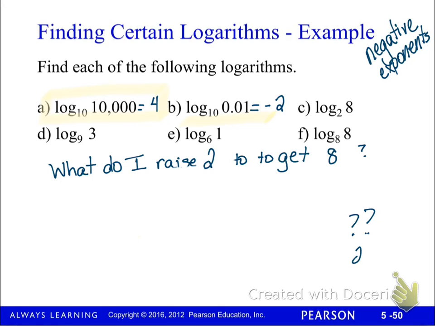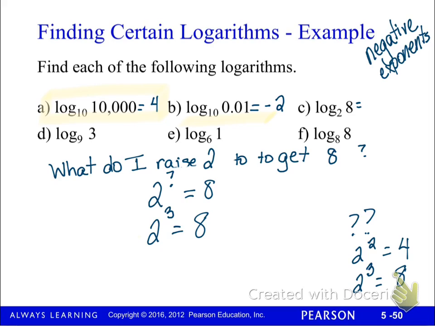We'll say, okay, well, 2 squared is 4. Okay, and so then we can think 2 to the 3rd is 8. So what do I raise 2 to get 8? So you can think 2 to the question mark equals 8, and the answer here is 2 to the 3rd. 2 to the 3rd equals 8. So log base 2 of 8 equals 3.